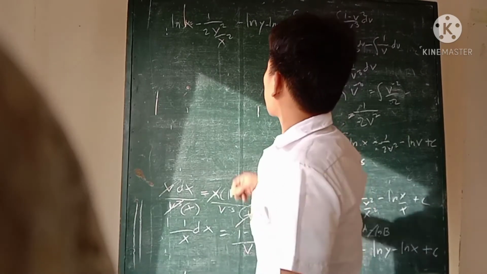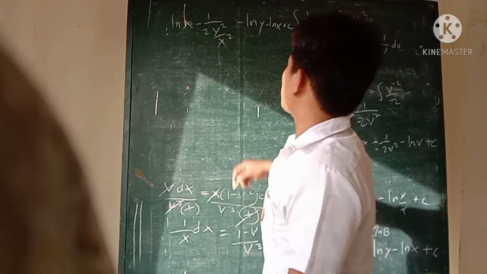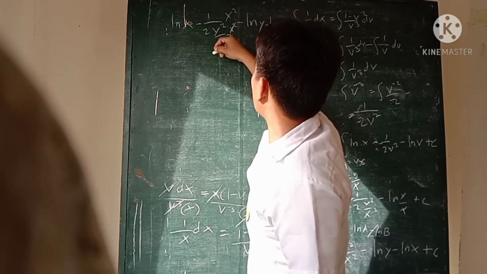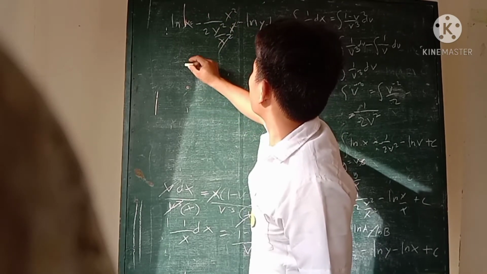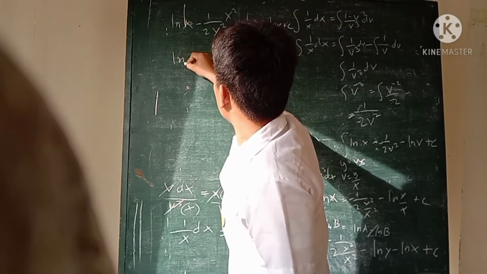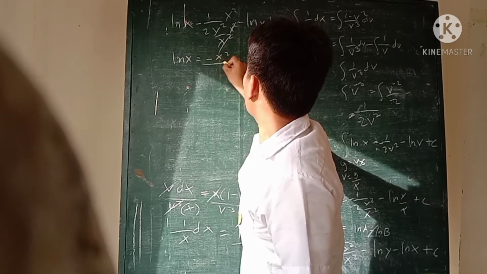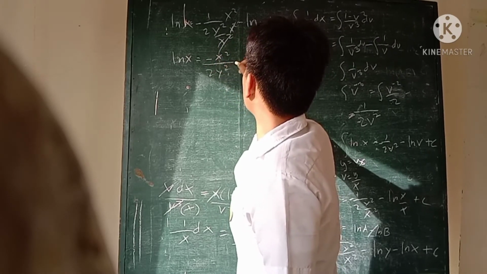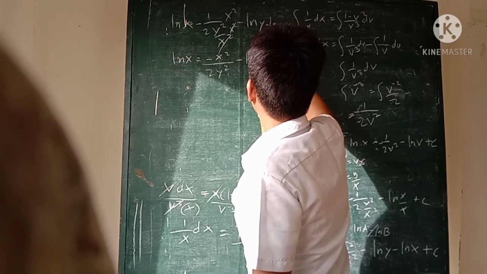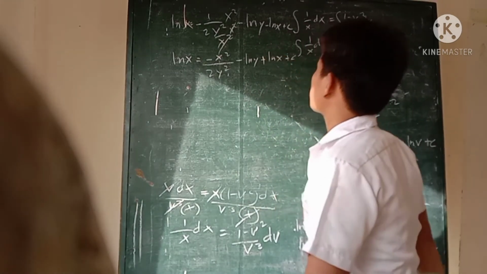Since ln x equals negative 1 over 2y squared over x squared, we divide both sides by x squared, so x squared times 1 over 2y squared, giving ln x equals negative x squared over 2y squared minus ln y minus ln x plus c, plus ln x plus c.